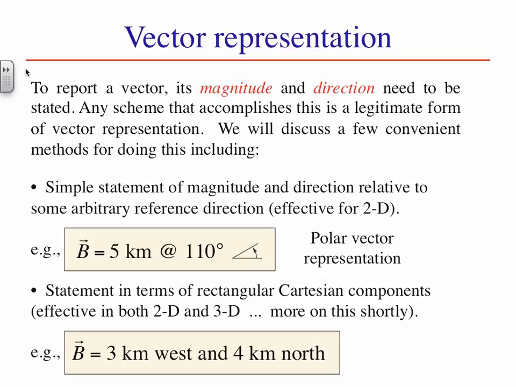There is more than one way to specify the direction of a vector. The two methods shown here are adequate for two-dimensional representation, but not for three-dimensional. The polar vector representation specifies the angular displacement from a specified axis. Suppose we pick the reference axis as the positive x-axis, as is often the case.